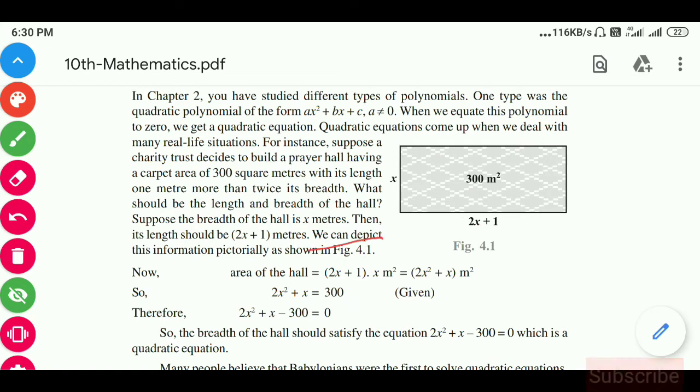Now we depict this information pictorially. That is nothing but if we write the area of the hall.